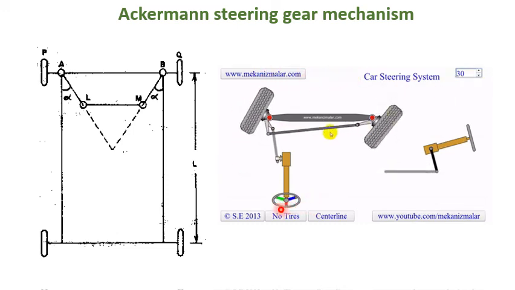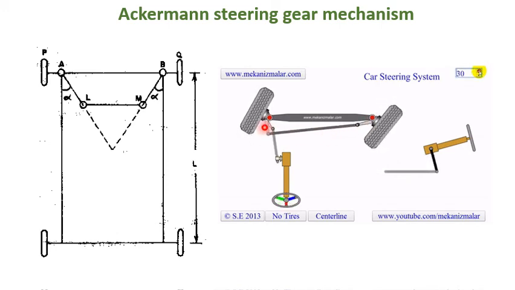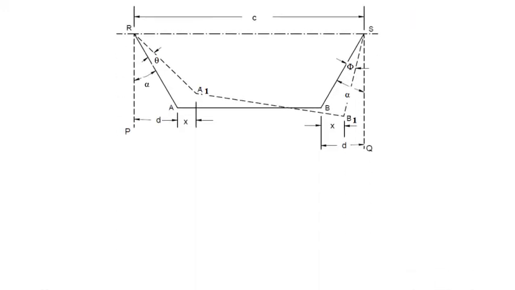When the driver rotates the steering wheel towards the left or right, there is a motion either towards the right or left, due to the movement or action of this 4-bar mechanism.